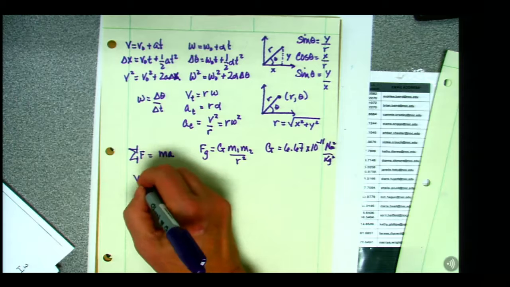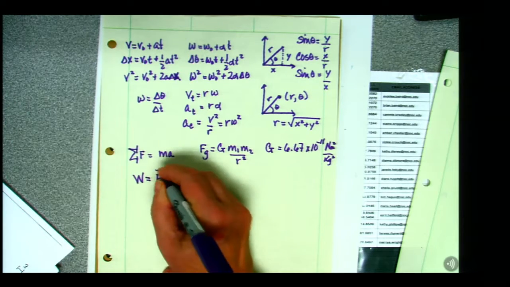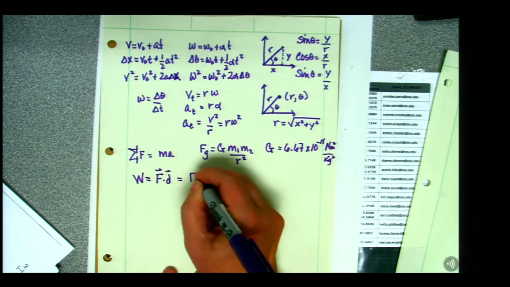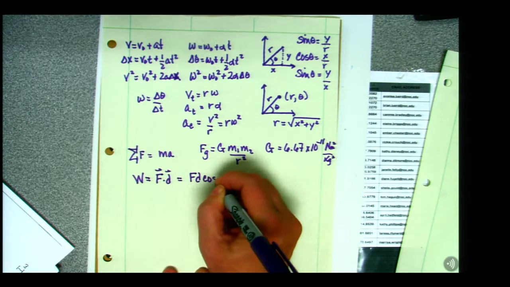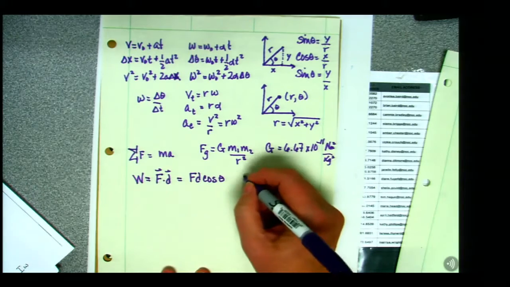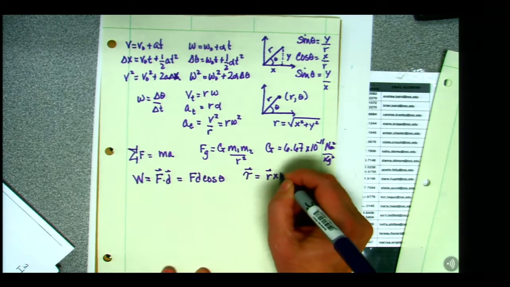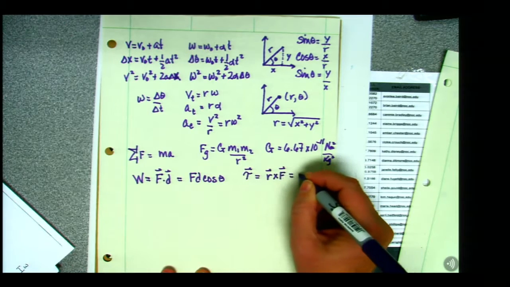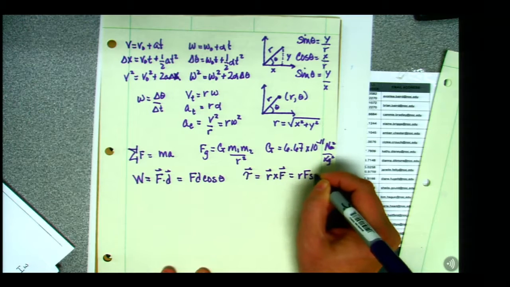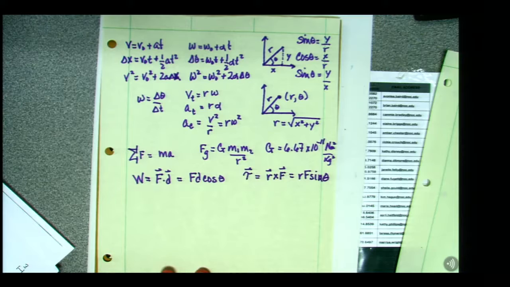We've defined work as a scalar product of the force times the distance, and that equals force times the distance times cosine of the angle. And we've defined torque, which is a vector quantity, as r cross F, which is equal to r F sine of the angle.